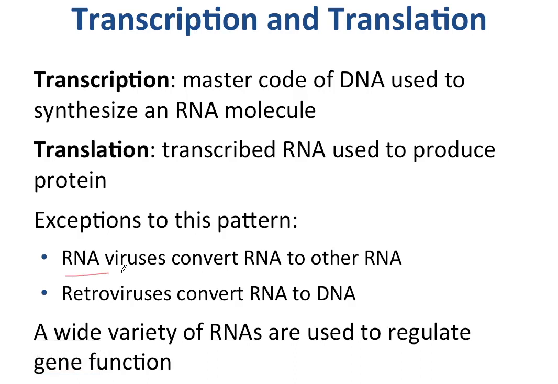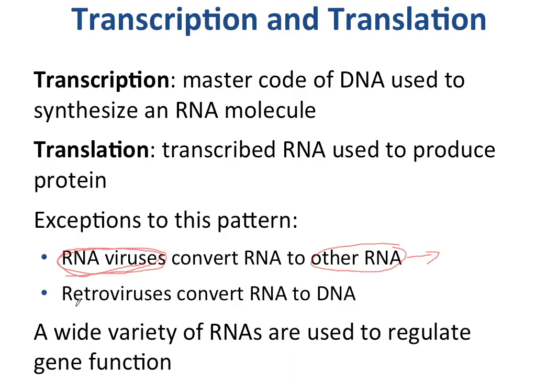However, we know we have RNA viruses. RNA viruses can convert RNA to another RNA, and then use the RNA for translation. So that means they don't need transcription. They can use the RNA directly to make the protein.